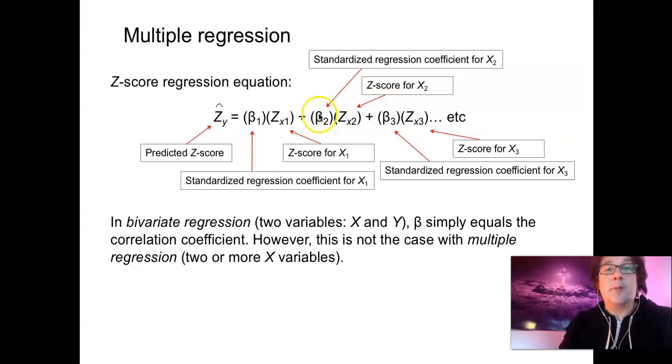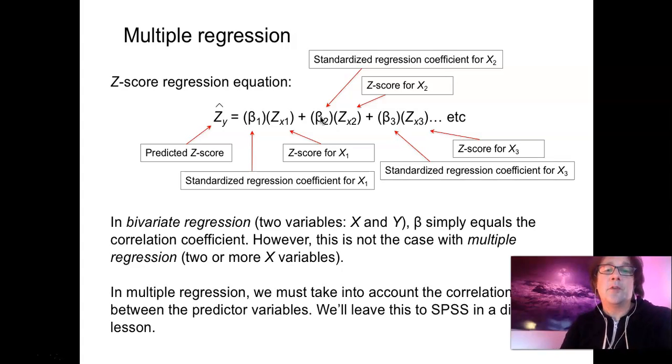The beta 2, the standardized regression coefficient here, is simply the correlation between predictor number 2, x2, and y, and so on and so forth. So there's an advantage in terms of using standardized coefficients. You just interpret those as correlations. They're easy to interpret.